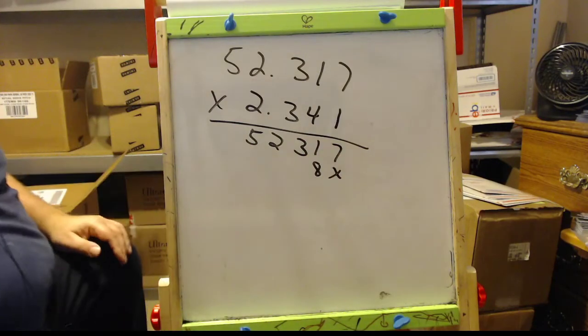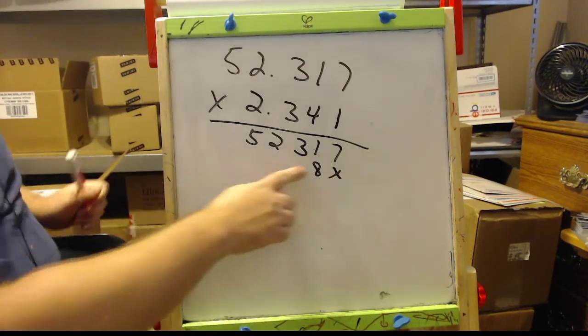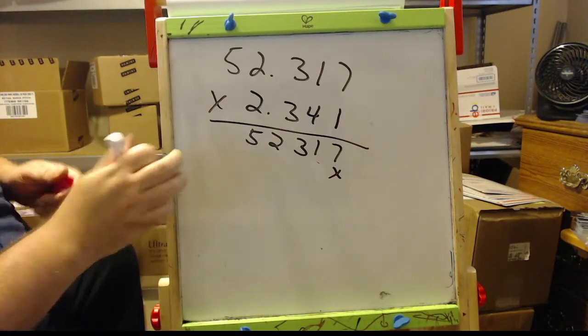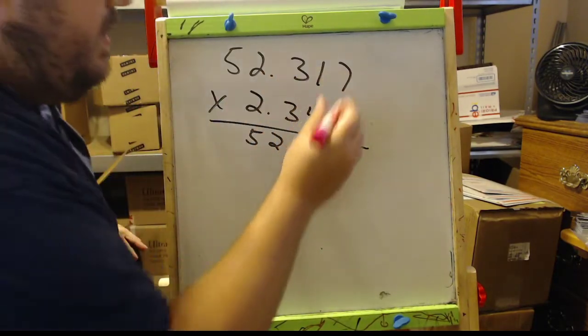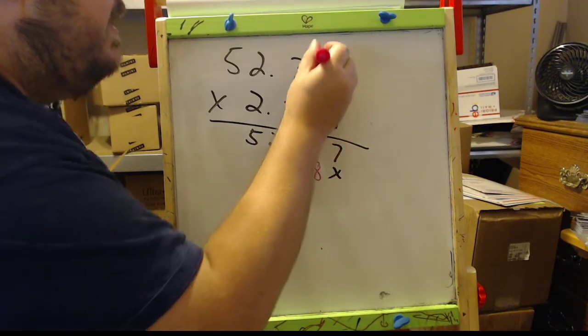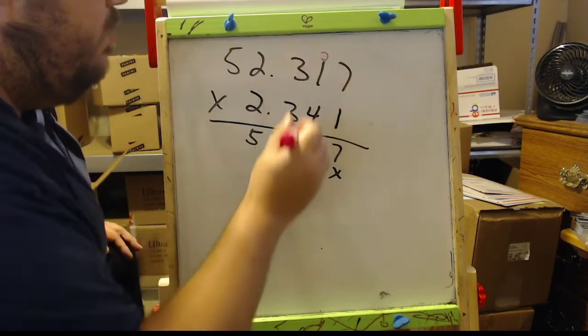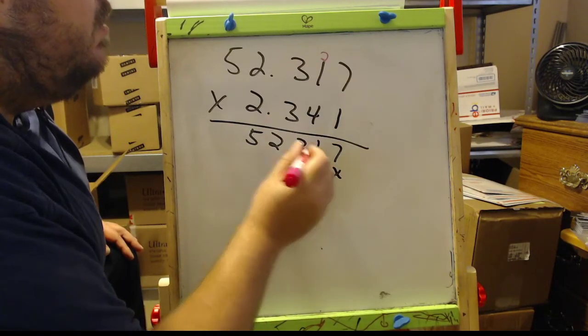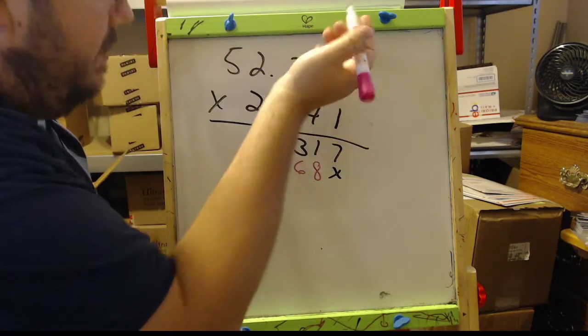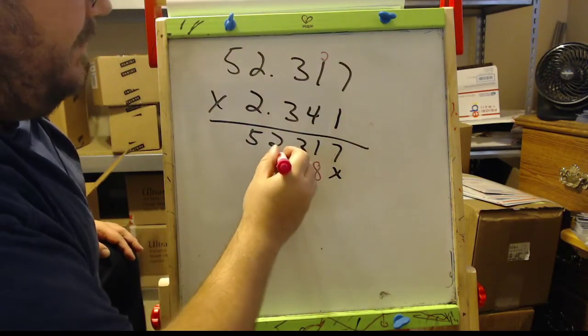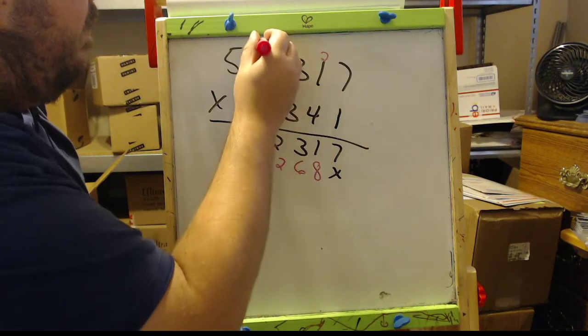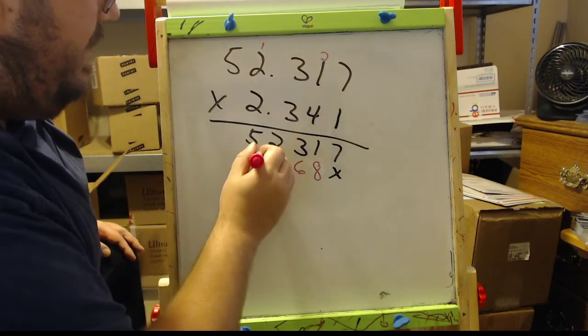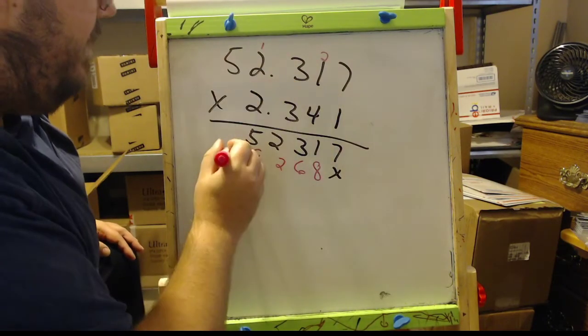You know what? I'll do this in different colors so we can see what's going on here. So, 7 times 4 is 28. Carry the 2. 4 times 1 is 4 plus 2 is 6. 4 times 3 is 12. Carry the 1. 4 times 2 is 8. Make that a 9. 4 times 5 is 20.